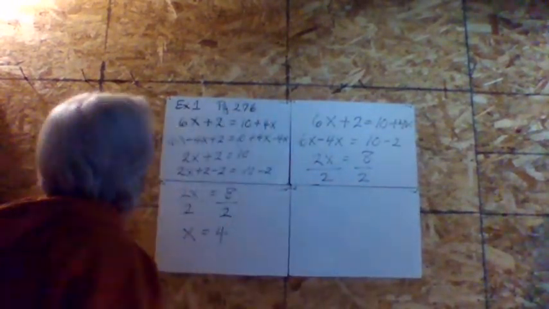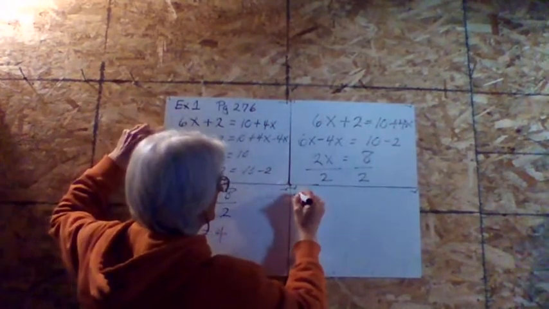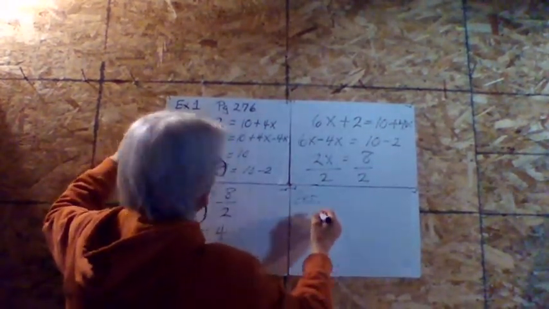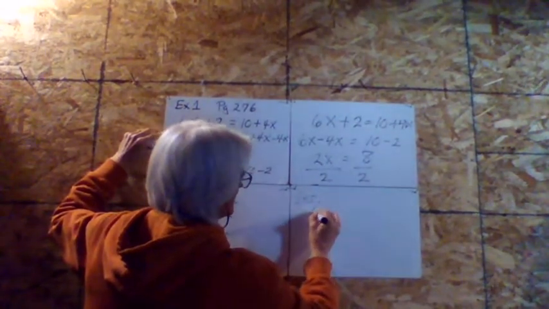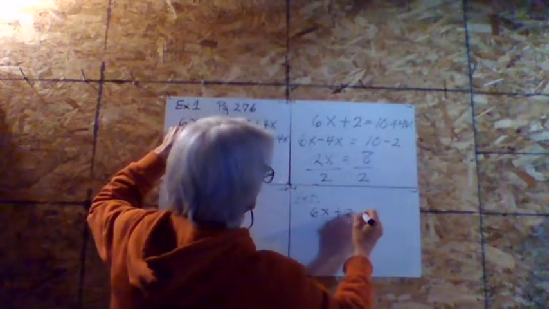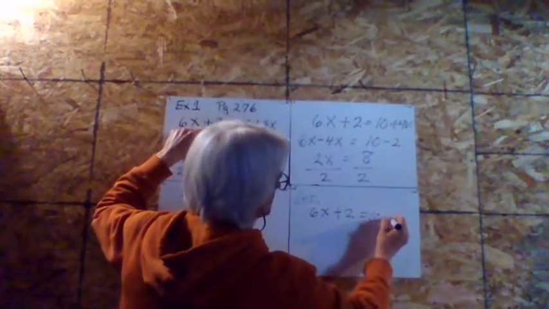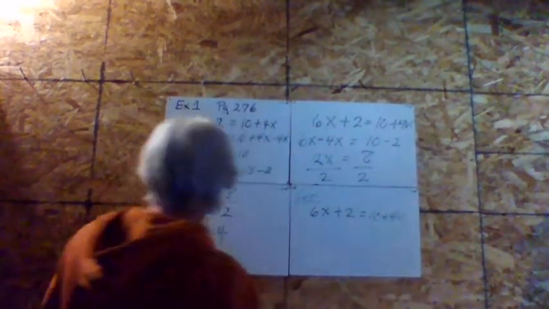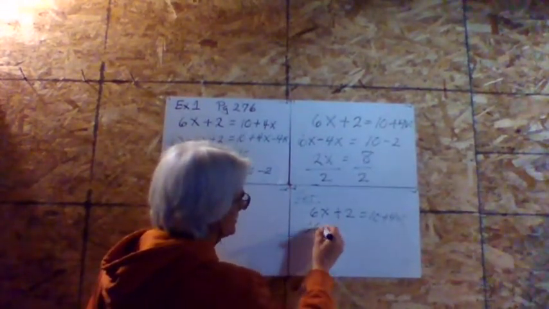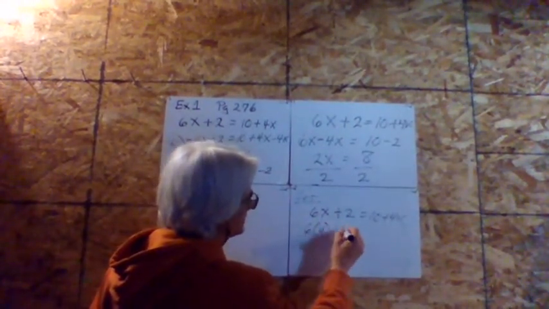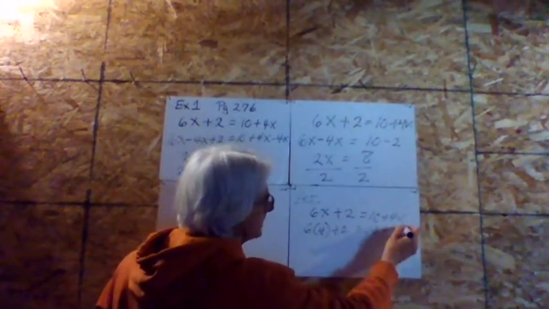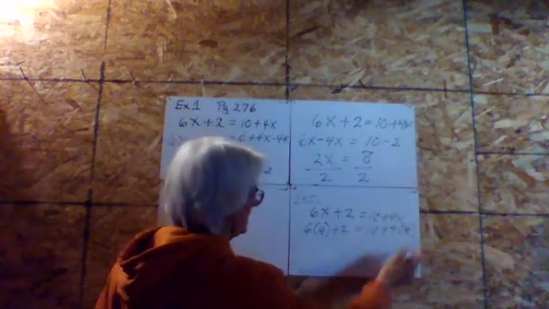So, write down the original. Here's my verification. 6x plus 2 equals 10 plus 4x, this is the original question. We said that x was 4. So 6 times 4 in the place of x plus 2 equals 10 plus 4 times 4 in place of x.